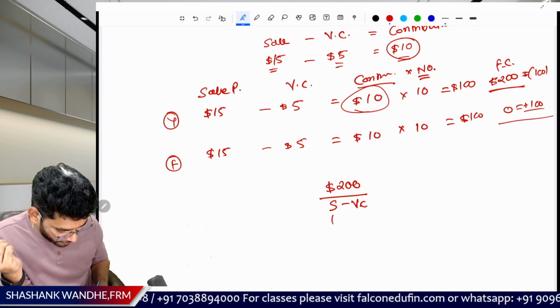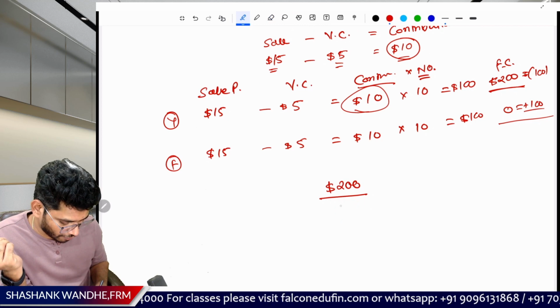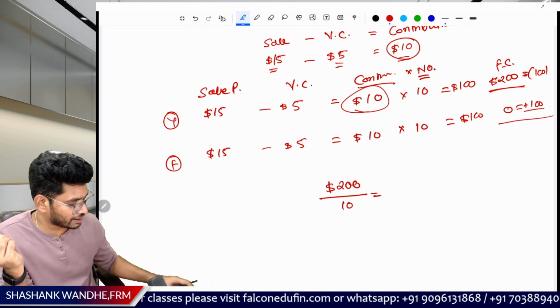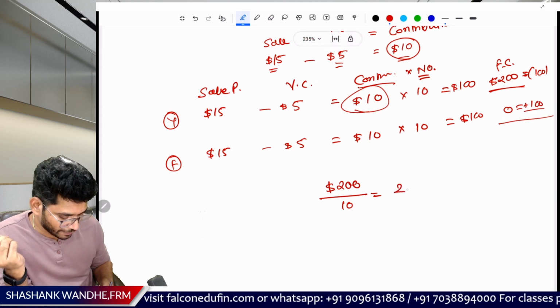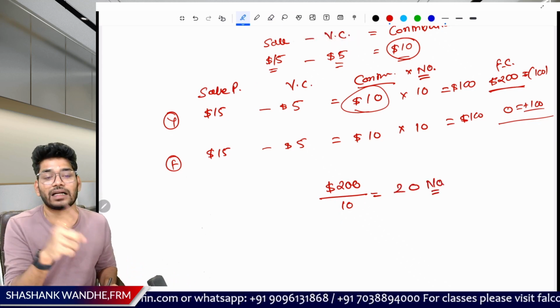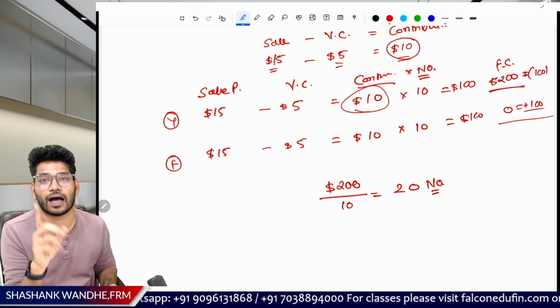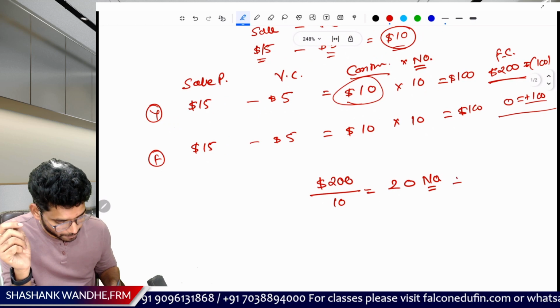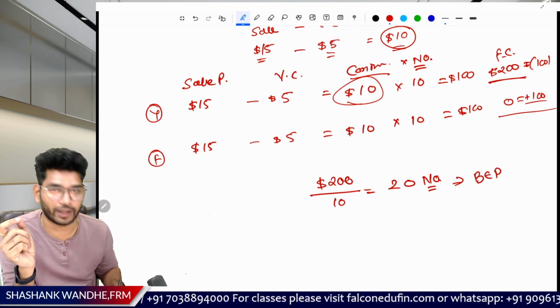So here we have 15 minus 5, which gives us 10. If you solve this, I know the answer is 20, so 20 pizzas. If you sell 20 pizzas, then you will have a break even point. This particular point is known as the break even point.